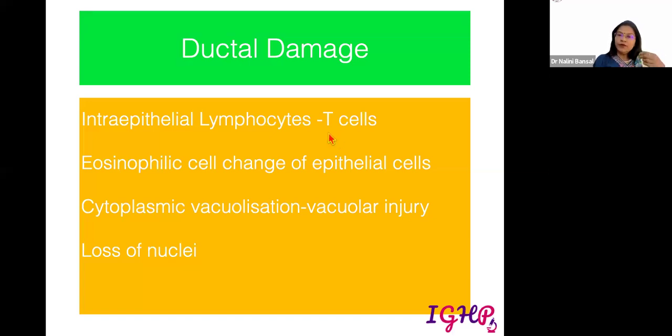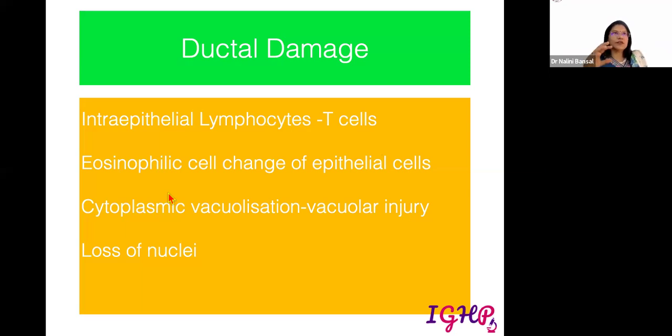If you are having problems in counting the number of epithelial cells or looking at the epithelial cells, you can go for a PAS stain, which is going to delineate your basement membrane beautifully, and then you can come back and count the number of lymphocytes within the ductal epithelium. Now, once these cells are damaged by the lymphocytes, what is going to happen?